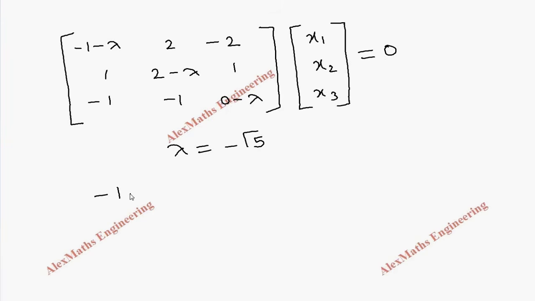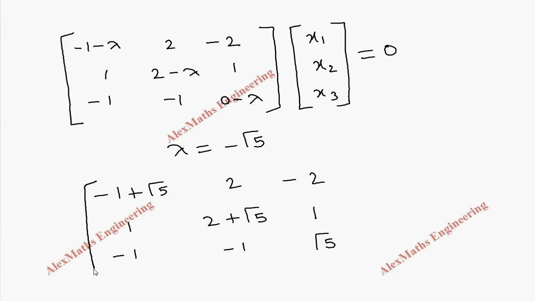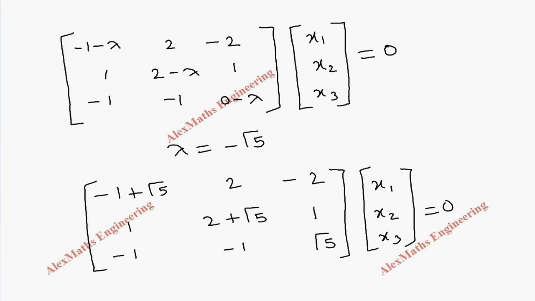So the first element is minus 1 plus root 5, because there is a minus sign, minus lambda, so it becomes plus. Then 2, minus 2; 1, 2 plus root 5, 1; minus 1, minus 1, and this will become, already minus lambda, so it will become only root 5. So we take the matrix, and the next column matrix we have x1, x2, x3, which is equal to 0.